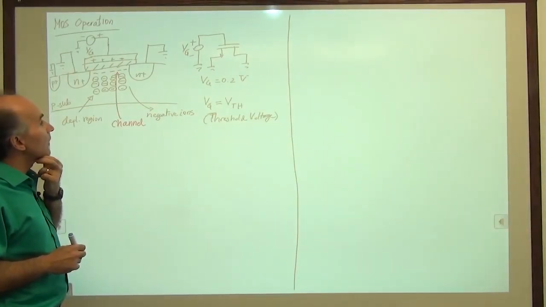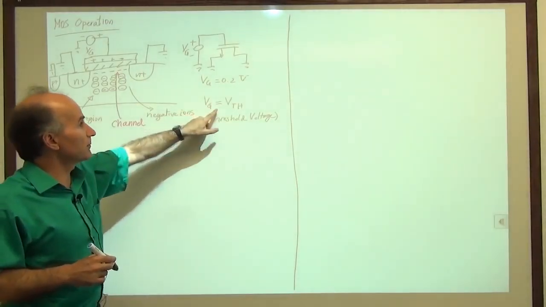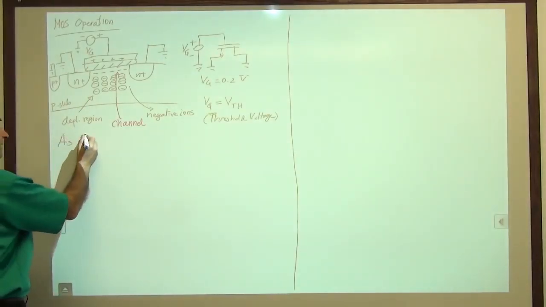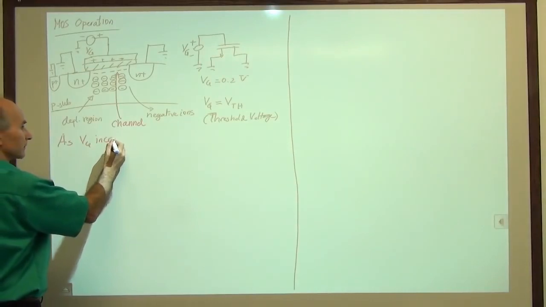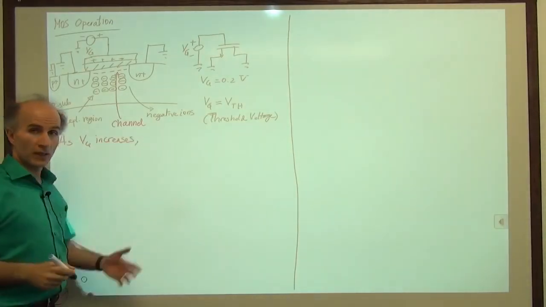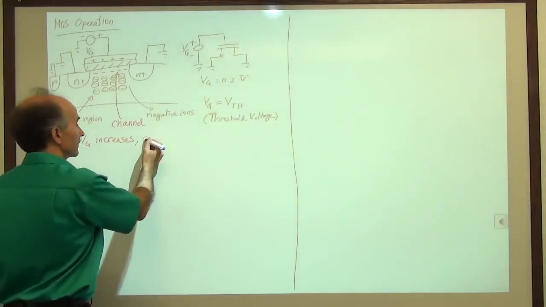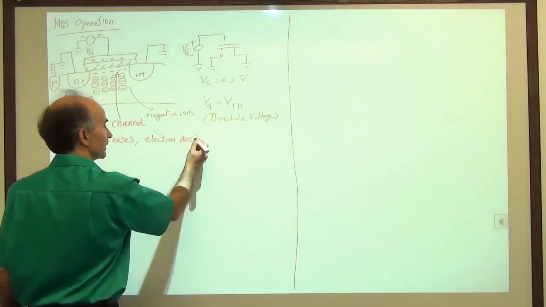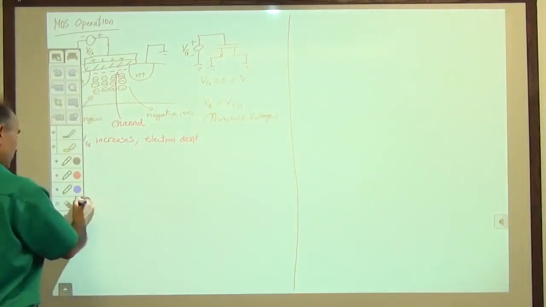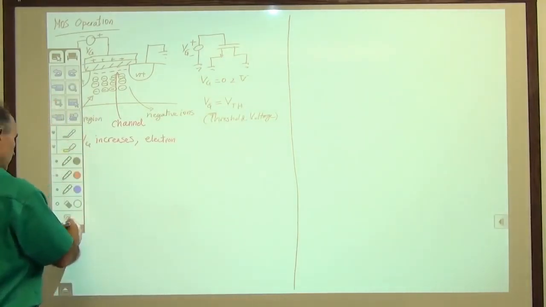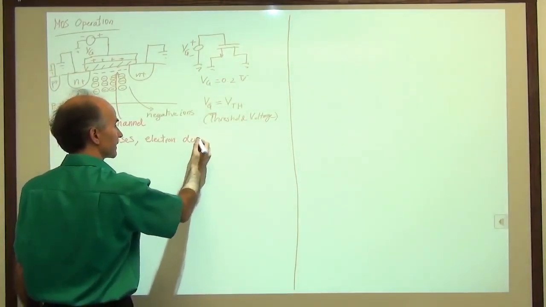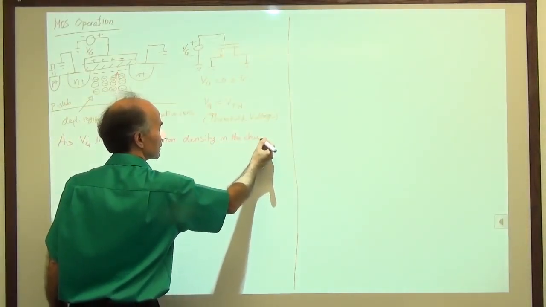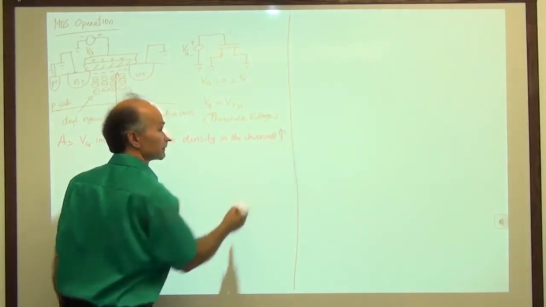So now, what happens as the gate voltage goes beyond the threshold voltage? What we see is that as Vg increases, just like the simple structure we saw before, the electron density in the channel increases.